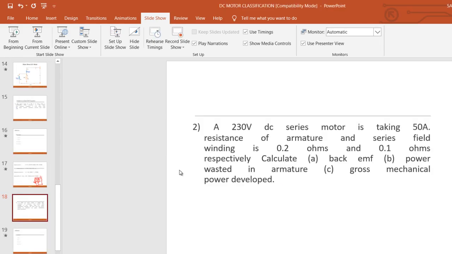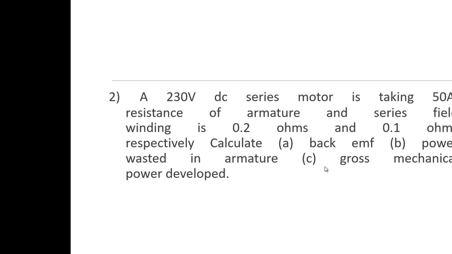Before that we have done a shunt motor problem. Okay. So the series motor is taking 50 amps and the resistance of the armature and the series field winding is 0.2 ohms and 0.1 ohm respectively. Then calculate back EMF, power wasted in armature, and gross mechanical power developed.